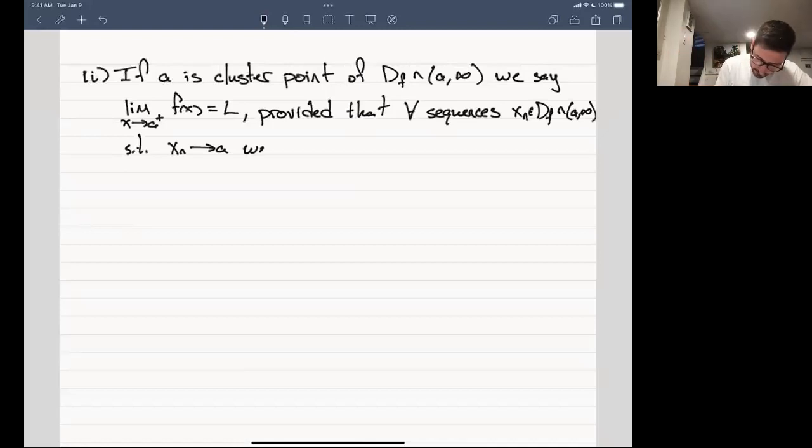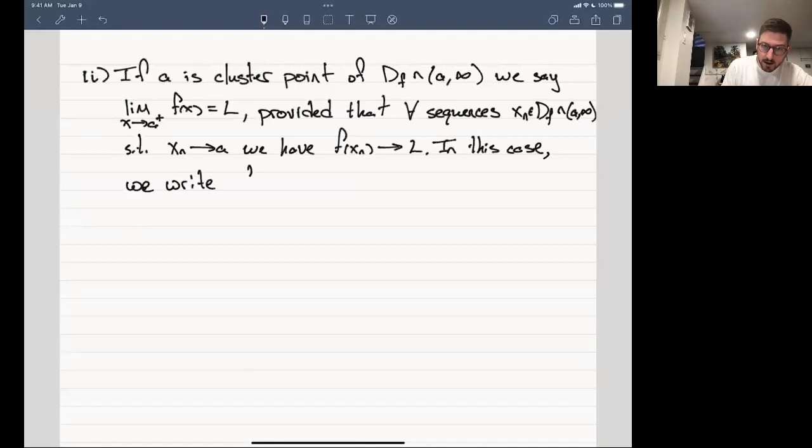We have f of xn is approaching L. And in this case, we write f of a from the right is equal to, so this is just a shorthand notation, the limit as x goes to a from the right of f of x.